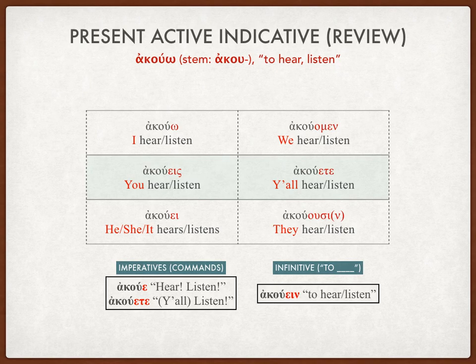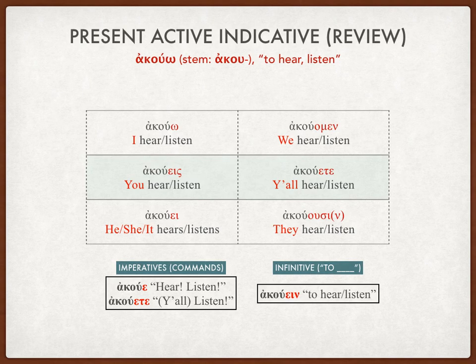On the right side are all the plurals. The plural of I is we, right? If I'm moving from just talking about myself to talking about a group, but I'm still speaking for us, I say we hear or listen. Akuomen. Omen is the ending I will see for we at the end of a verb in the present tense. So, akuomen, we hear or listen.